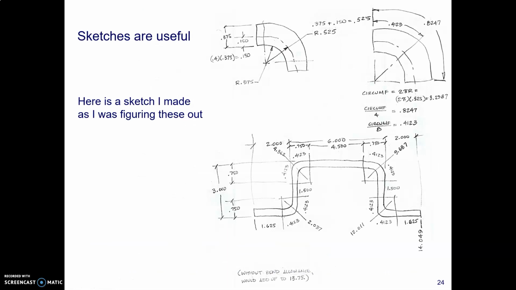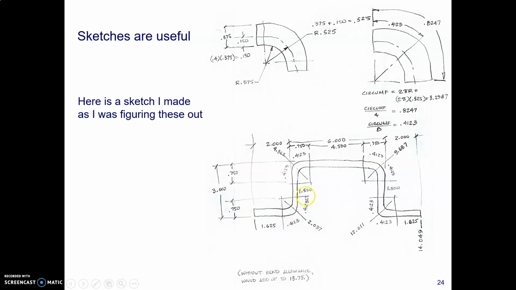As you're doing this kind of calculation, as I have mentioned, it's really helpful to make a sketch. And your sketch is a tool for yourself, so it does not have to be attractive. Here's one that I made as I was working on this part. I was just thinking on paper, okay, what is happening? Here's where I'm trying to figure out the straight parts.